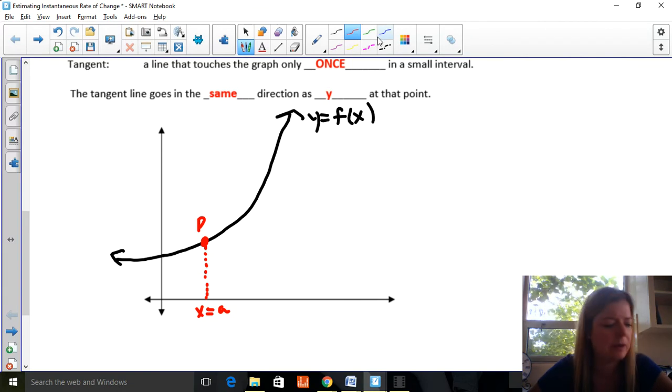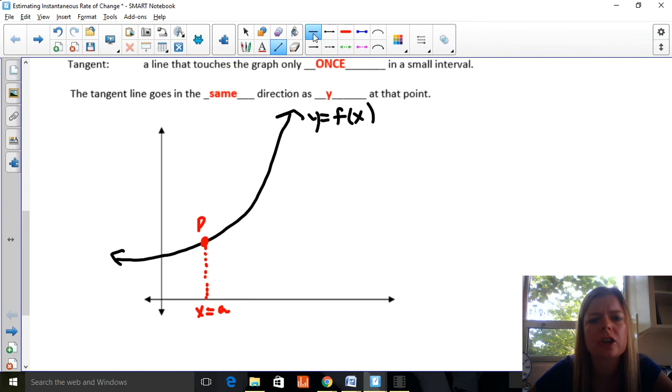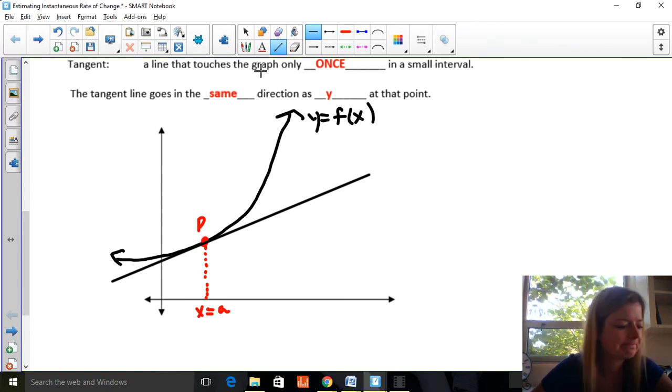Okay, now we can draw a tangent line. So you can use a ruler. I'm going to use this line feature to draw a line through the point, but you should use a ruler. So it should touch P and touch the curve there only once. Okay, so it should look something like that.